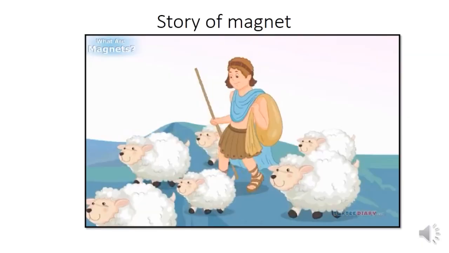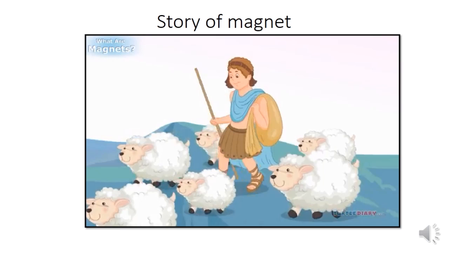Here's a story about magnets. Long ago, a boy in ancient Greece walked across a big rock. But as he walked across the rock, it pulled the nails right out of his shoes. His shoes fell apart, and the nails stuck to the rock. We don't know if this story is true or not.